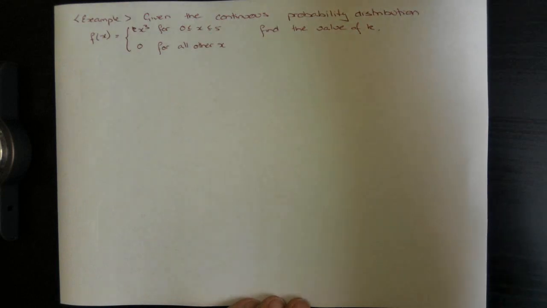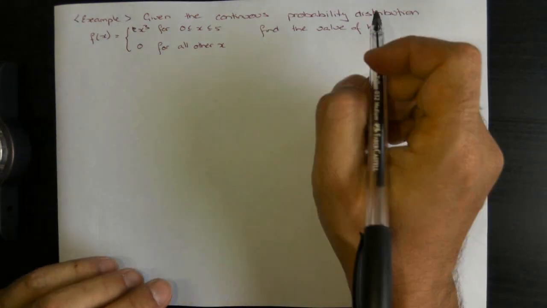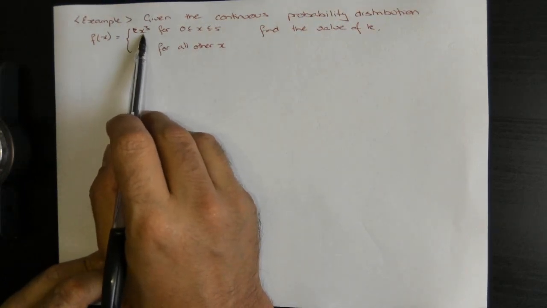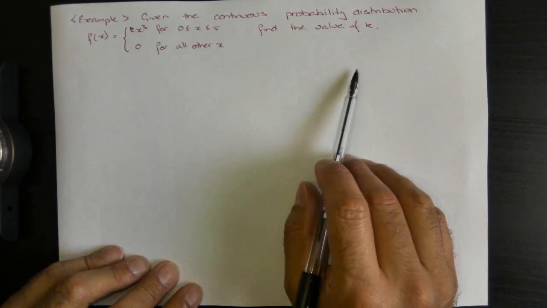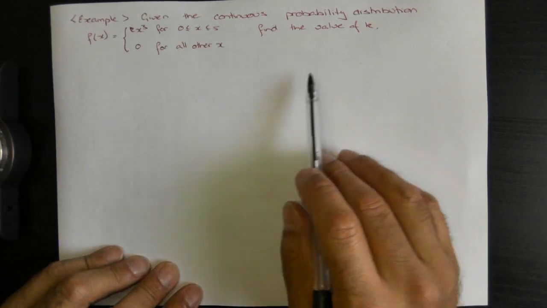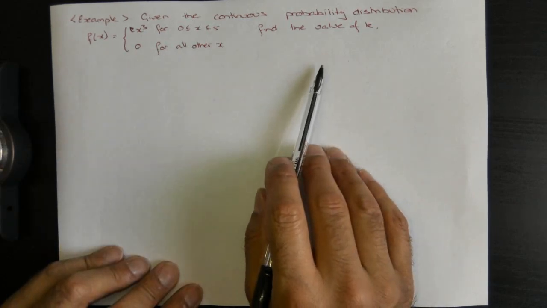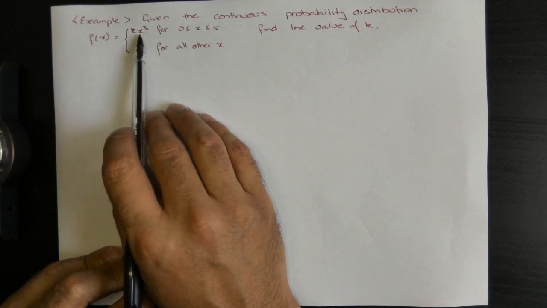The next one, last example. Given the continuous probability distribution, I have f of x is k x cubed between 0 and 5, and 0 for all other x. So before 0 and past 5 it's 0, but between here we get this function k times x cubed.